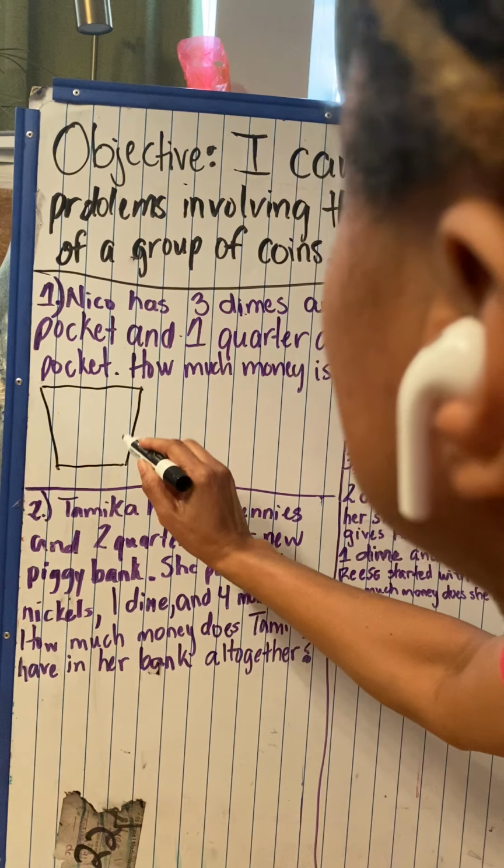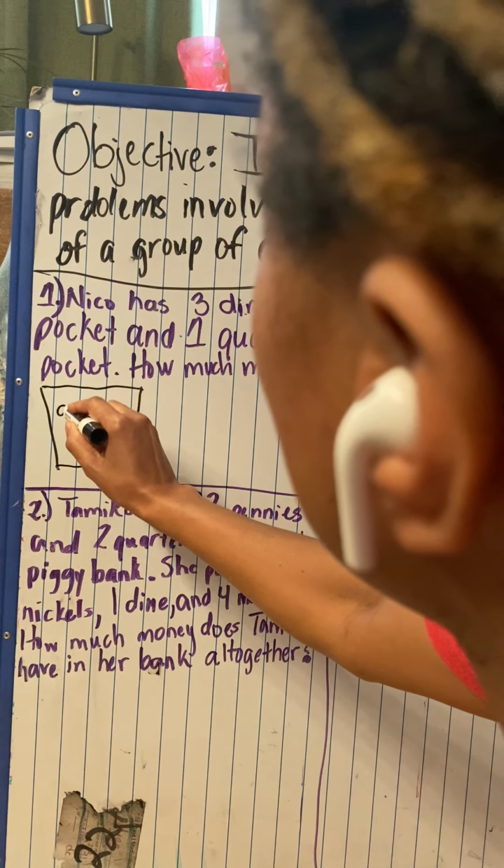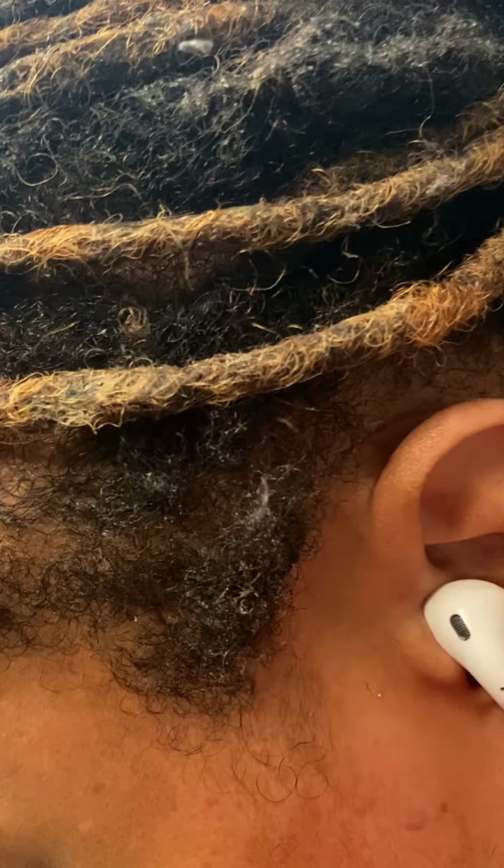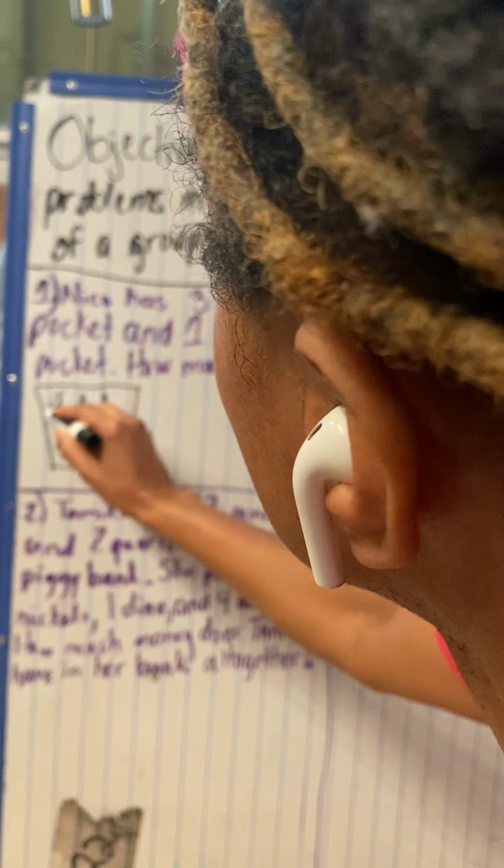In the first pocket, it has 3 dimes and 2 nickels. Okay, see that?